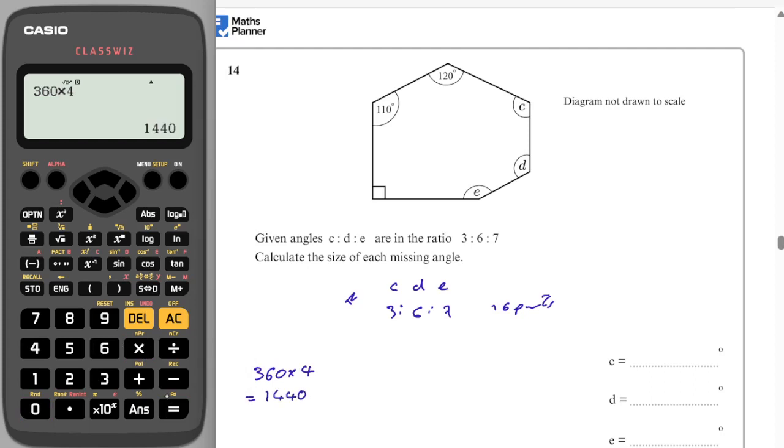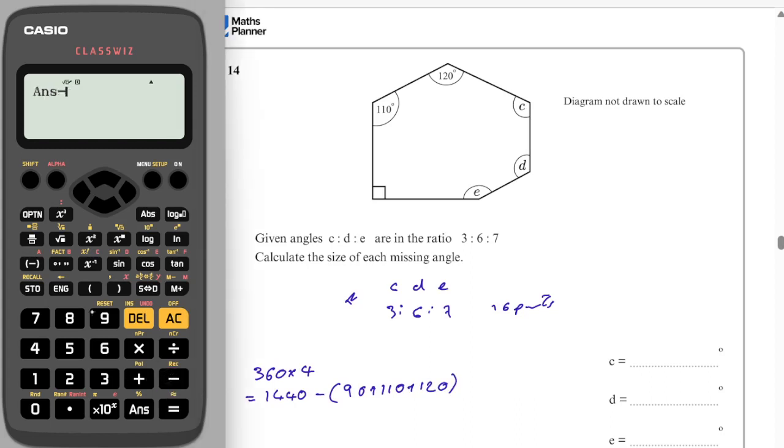So the angles that we know of are going to be minus 90 plus 110 plus 120. So that's going to be 200, 320. So we'll do that there. So 90 plus 110 plus 120. So that's going to be equal to 1,000.